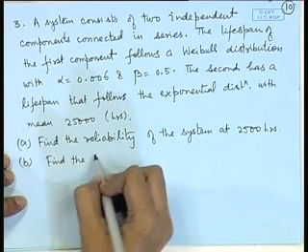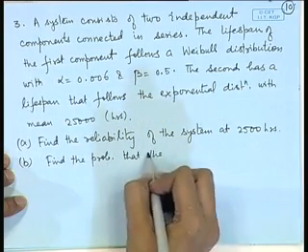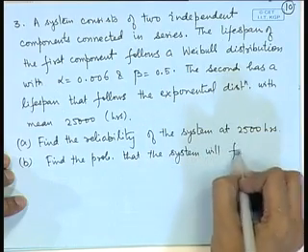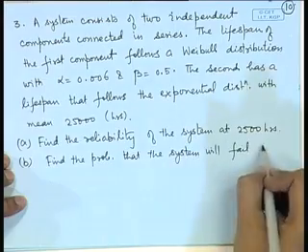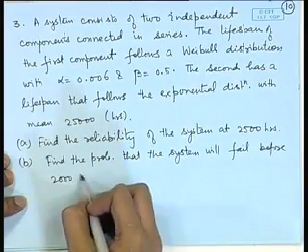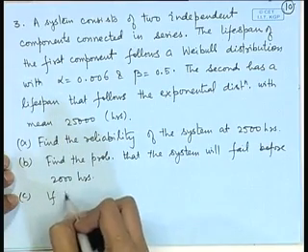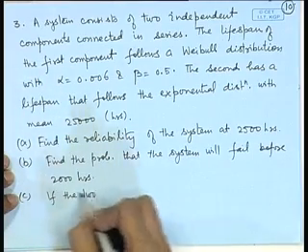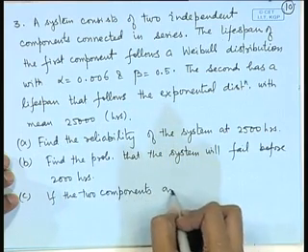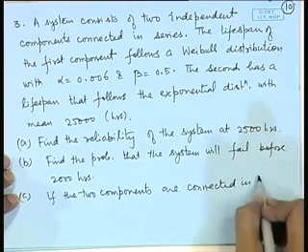Find the probability that the system will fail before 2000 hours if the two components are connected in parallel.